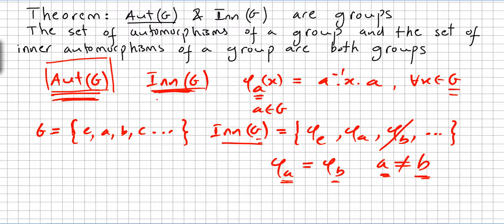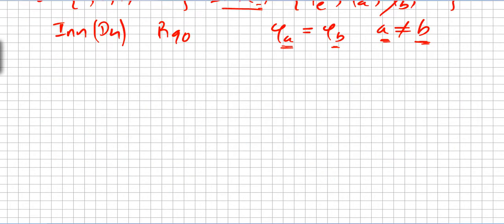In the previous example, I worked on the inner automorphisms of D4, but that automorphism was induced by the rotation of 90 degrees. If you want an inner automorphism of D4 induced by the rotation of 180 degrees, everything is going to change.